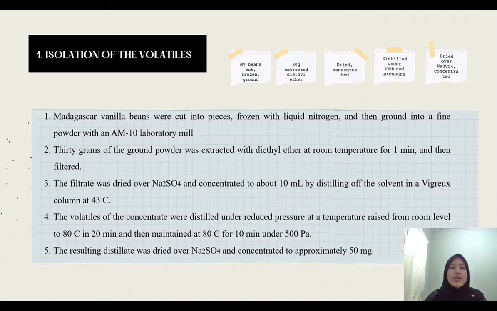Then the volatiles of the concentrate were distilled under reduced pressure at a temperature rise from room level to 80 degrees Celsius in 20 minutes and then maintained at 80 degrees Celsius for 10 minutes under 500 Pascal. And last, the resulting distillate was dried over sodium sulfate and concentrated to approximately 50 mg.